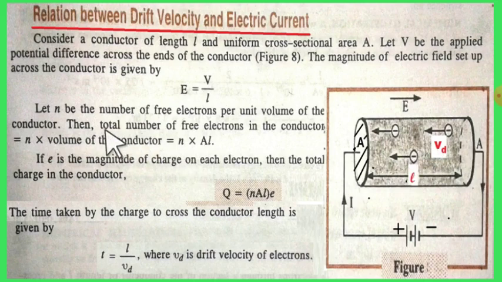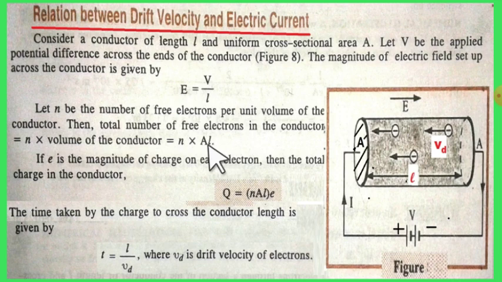So the total number of free electrons inside this conductor will be equal to n, the number density of free electrons, times the volume of the conductor, which is nAL, where A is the cross-sectional area and L is the length of the conductor.